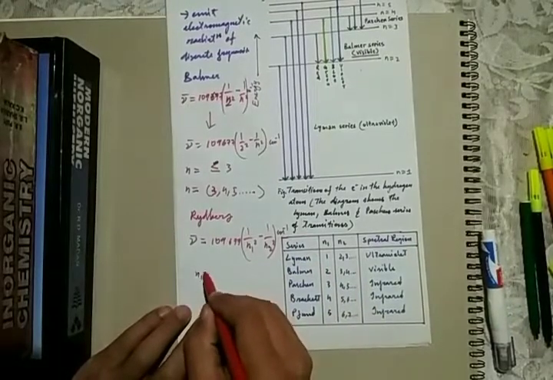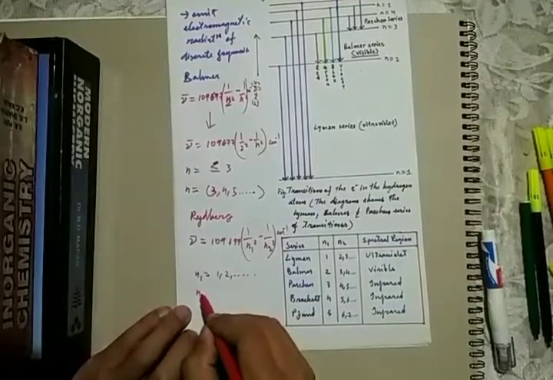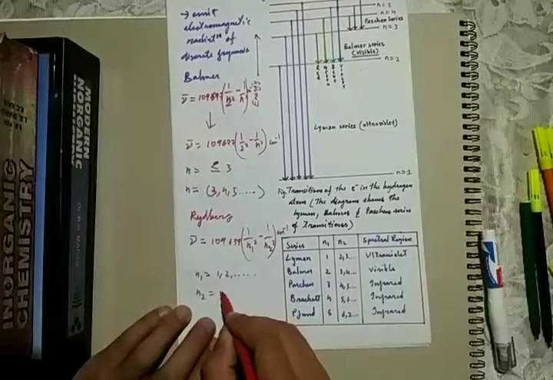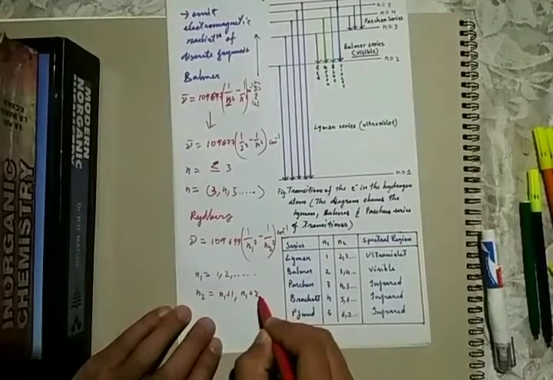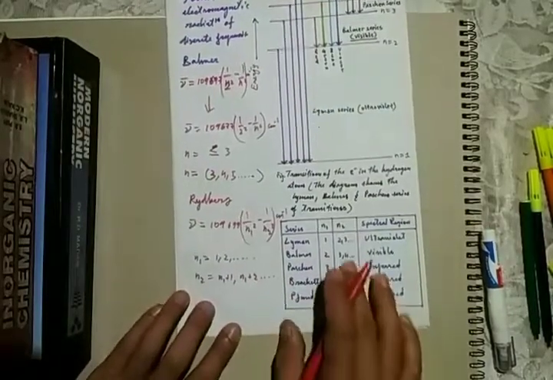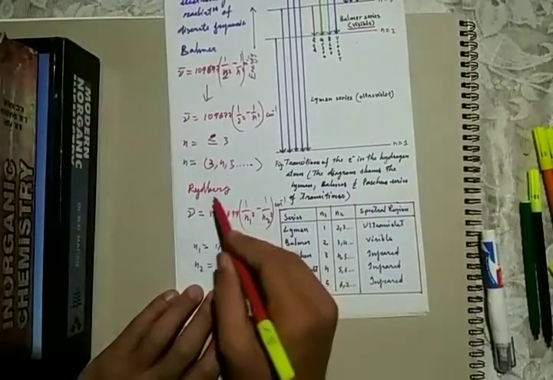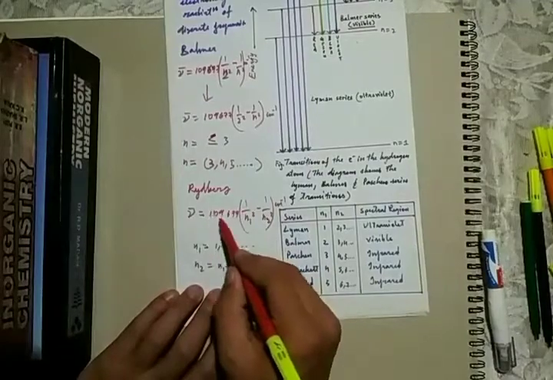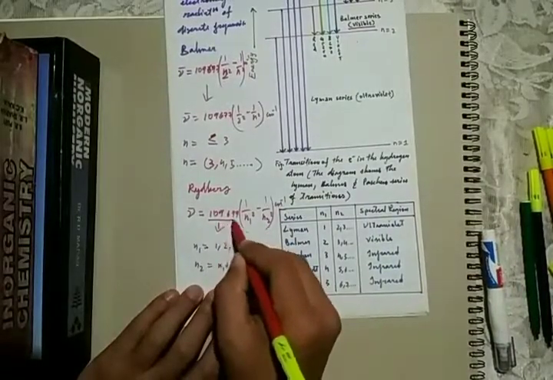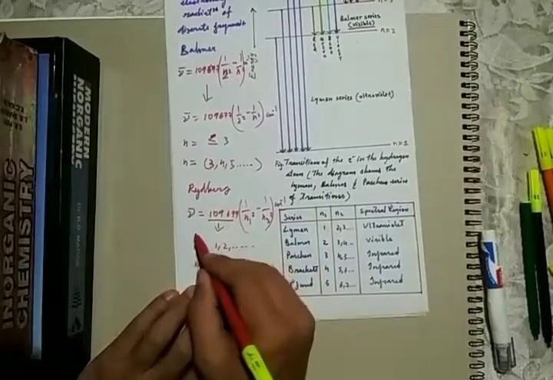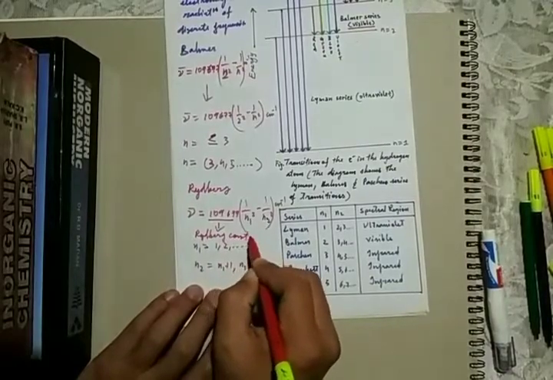Here n1 is 1, 2, like this, and n2 is n1 plus 1, n1 plus 2, and so on. Rydberg modified this value, and this 109677 is also called the Rydberg constant.